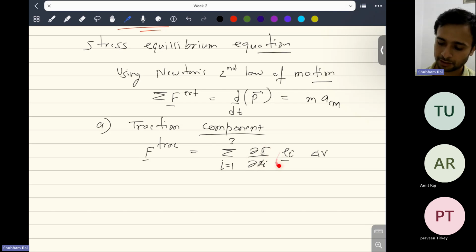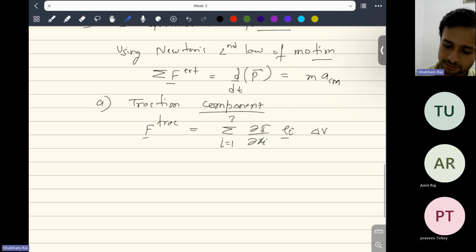So a second order tensor multiplied with a vector will be a vector. Okay, so that will be equal to the traction component of the external force. So this delta V is the small volume of the element that was considered in the class.